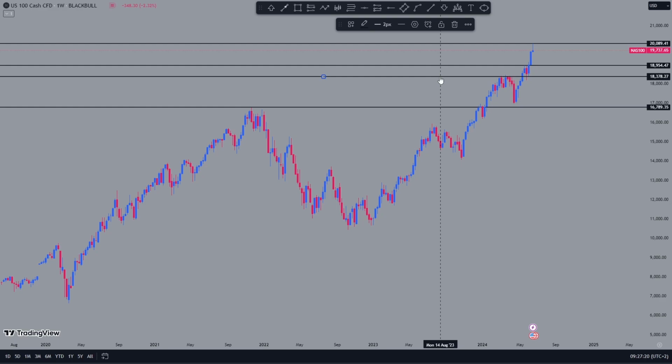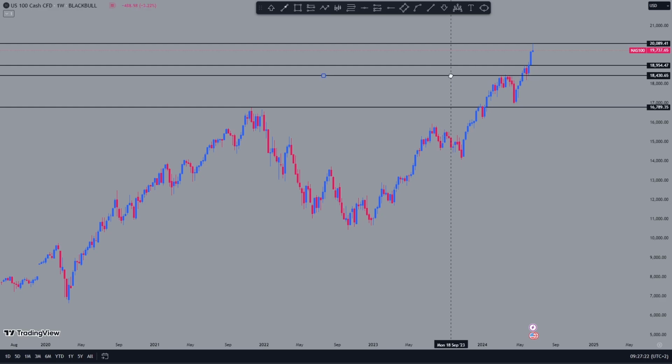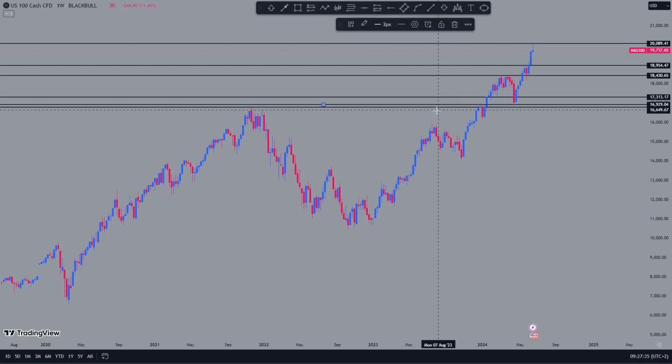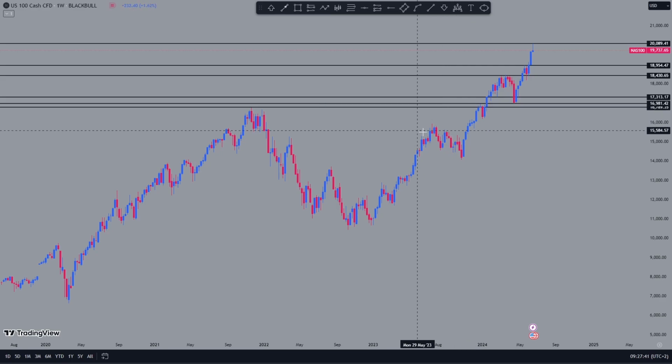So I'm spotting my sensitive areas where the market can touch and reverse. These are the areas where the market touches and reverses. I'm going to put a lot of those zones.